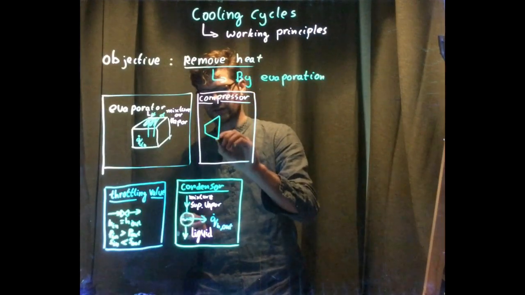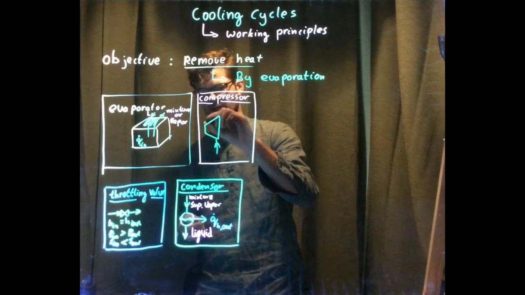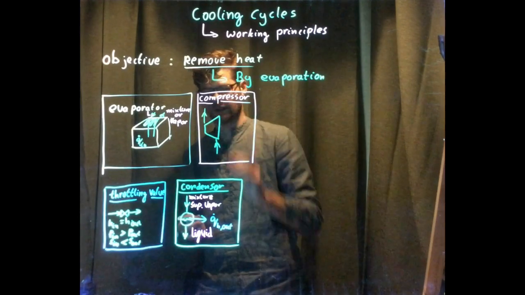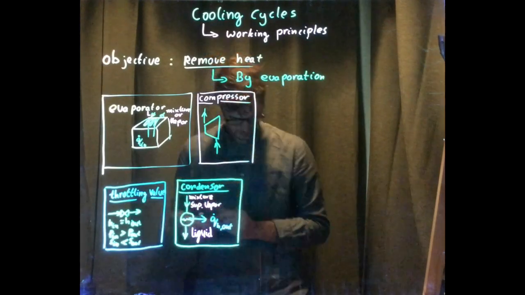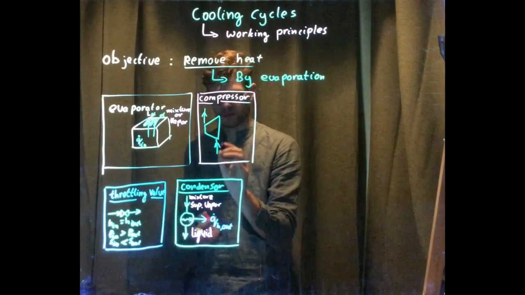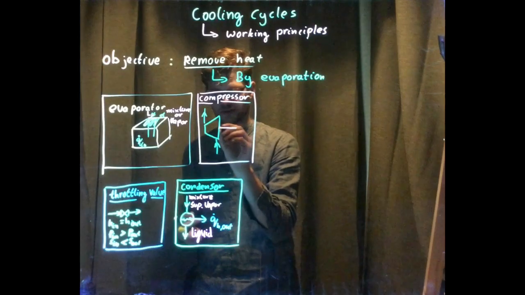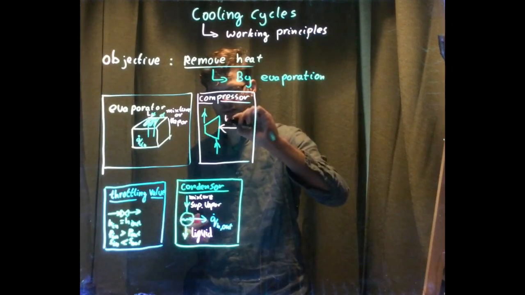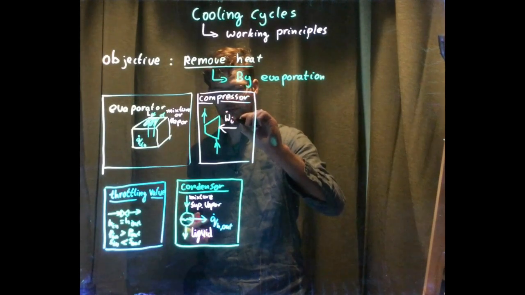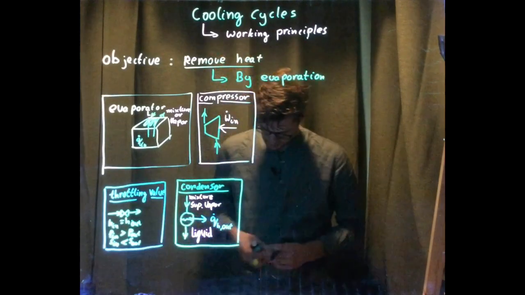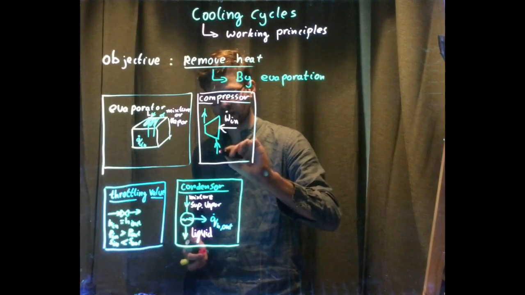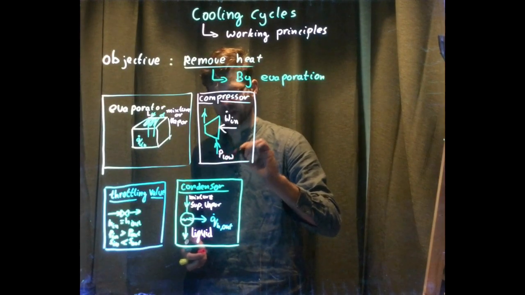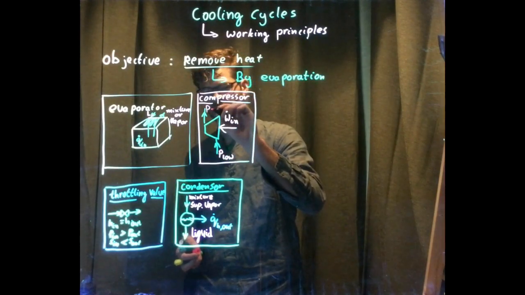So a fluid comes in and a fluid goes out, and you have to add work to this device. And I think that's it for the compressor. So P low goes in, P high comes out.